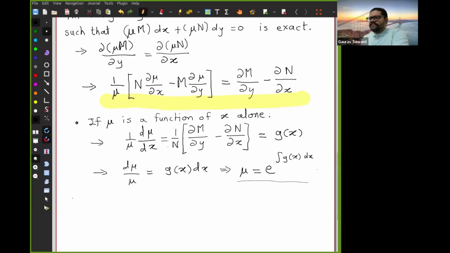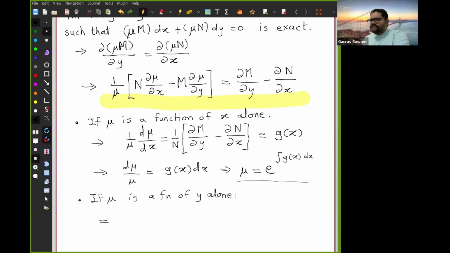The same way, if mu is a function of y alone, then a similar reasoning works. This partial derivative with respect to x will vanish. You will be left with minus M del mu by del y, but that becomes d mu by dy.